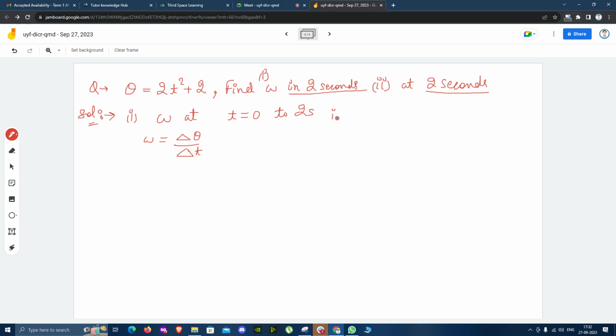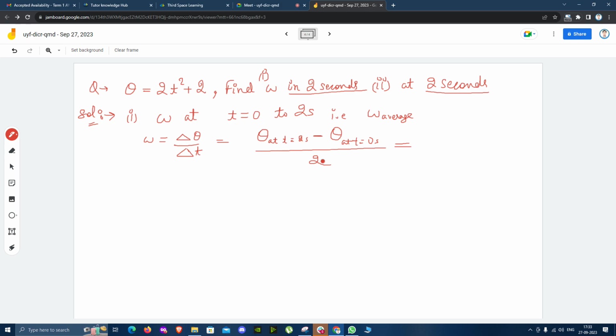In other words, we find omega average, the average angular velocity, because within the 2 seconds the velocity will be changing. It will be different at 0 second, it will be different at 2 seconds. So we have to find the average. Average means angular velocity at t equal to 2 seconds minus angular velocity at t equal to 0 second, and the time is 2 seconds only.